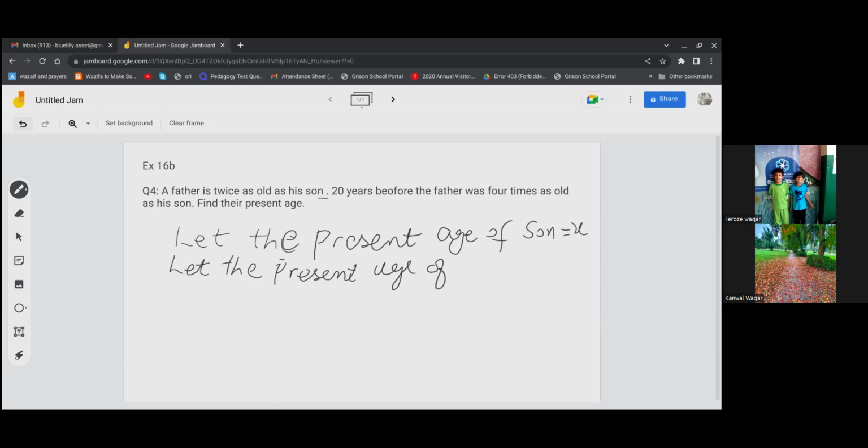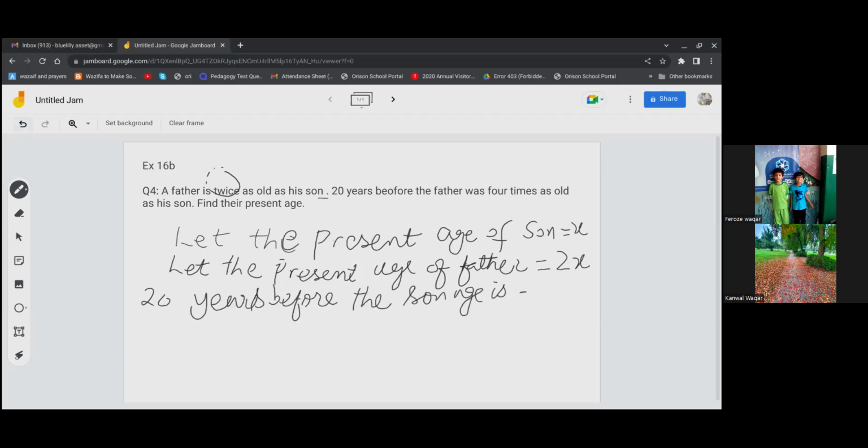Now before 20 years means 20 years before, the son's age is x minus 20 years. Why are we saying x minus 20? Because we are subtracting 20 from x. Before means past tense, so past years will be subtracted.